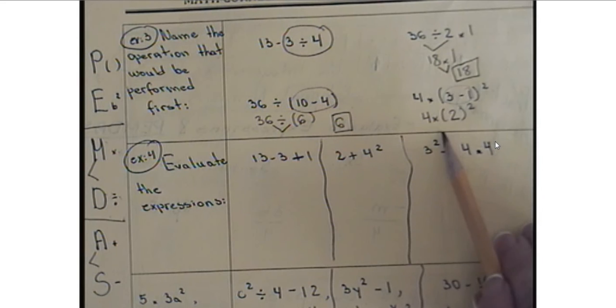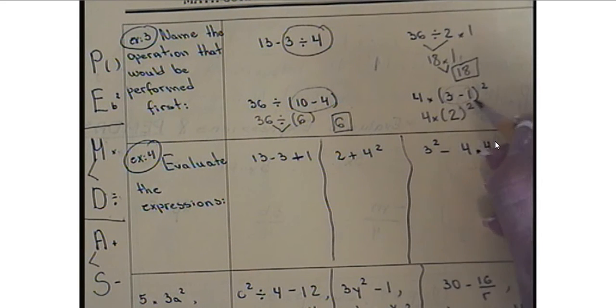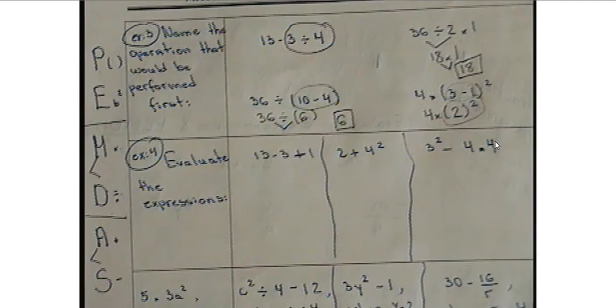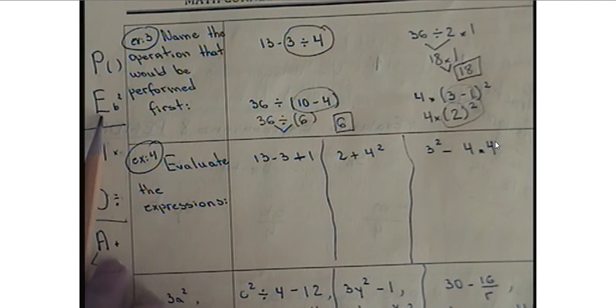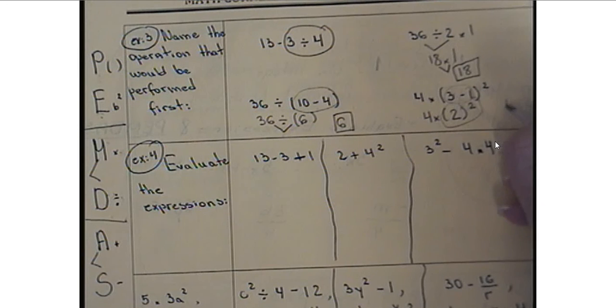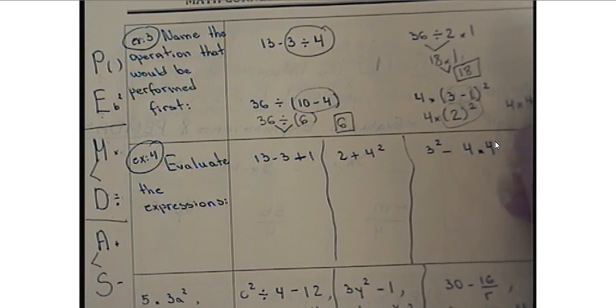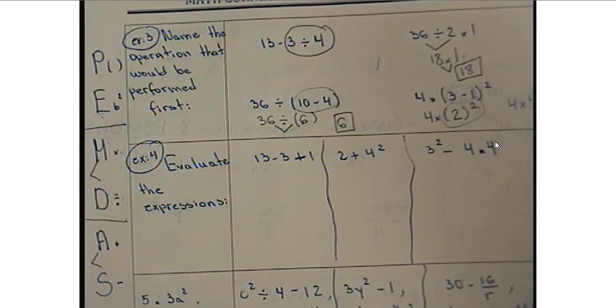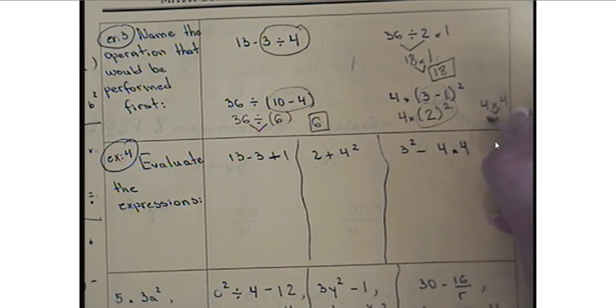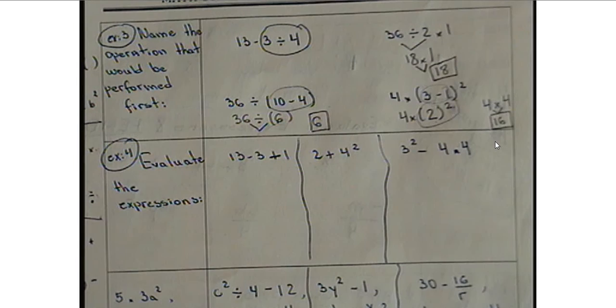Now I will need to simplify the whole exponent part, because after the parentheses we have exponent. So that will be equal to 4 times 4, because 2 to the second is 4. And 4 times 4 is 16. Final answer here. Great. So now we're gonna look at the fourth example.